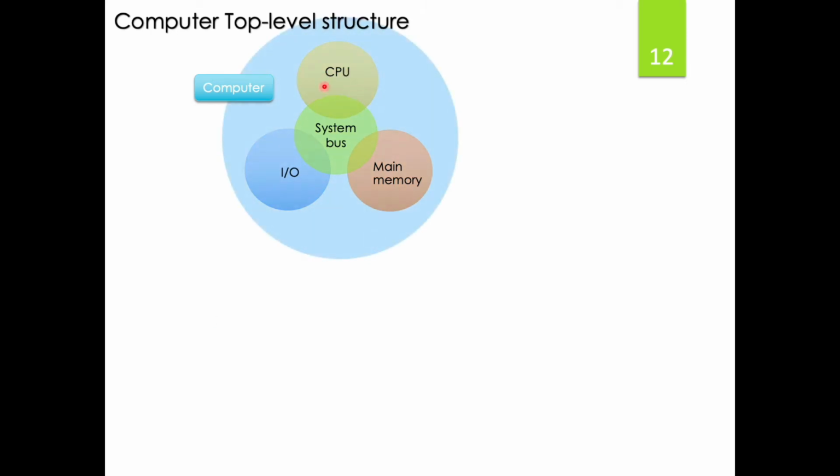When you have a careful look at the CPU, you can see that the CPU consists of the following internal modules. The first module is the ALU. ALU stands for Arithmetic Logic Unit. That is the unit that carries out all the computational executions inside the CPU.